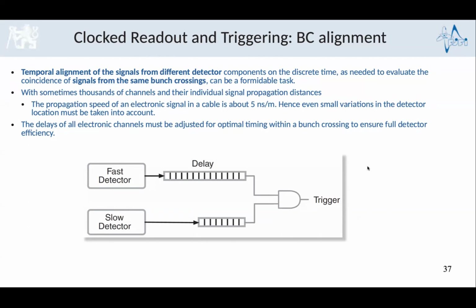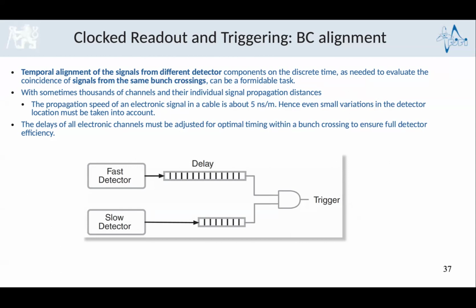Still talking about the colliding experiment, the experiments basically evaluate the coincidence signal from the same bunch crossing. So there are, for example, these minimum conditions that are required.